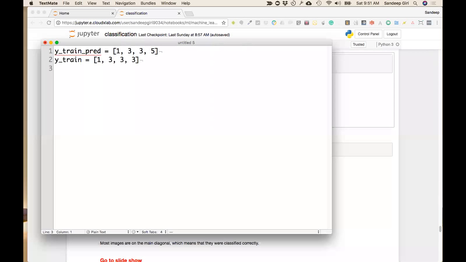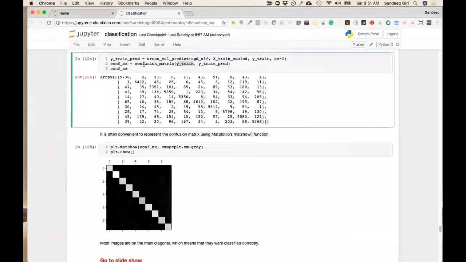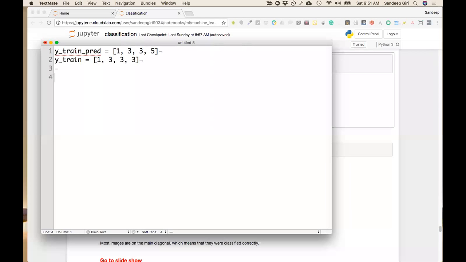So let's take a look at this. There is only 1 and 3 in this example. There could be 2, and 4, and say 6.